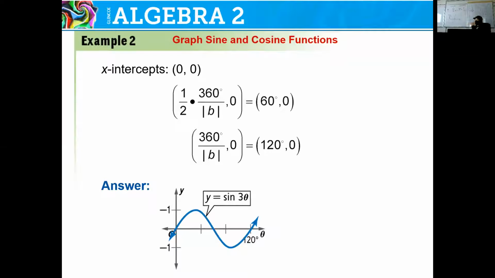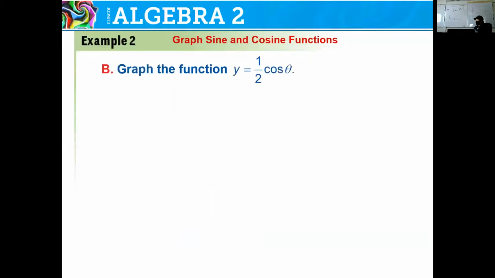It's very important to realize that for sine and cosine, the basic midline is the x-axis. But as we add factors of D and C, that midline is going to change. It's going to shift up or shift down. So it's important to get your mind trained to think that way.